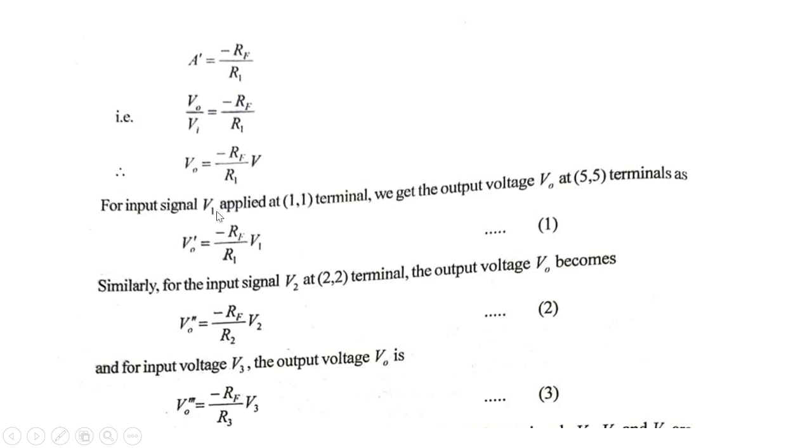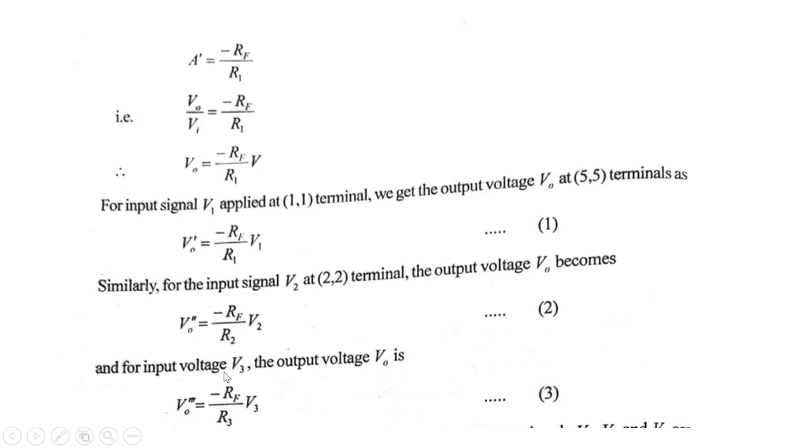For input signal V1 applied at terminal 1, we get the output voltage V0 at terminal 5 as V0' = -(RF/R1) × V1. Similarly, for the input signal V2 at terminal 2, the output voltage becomes V0'' = -(RF/R2) × V2.